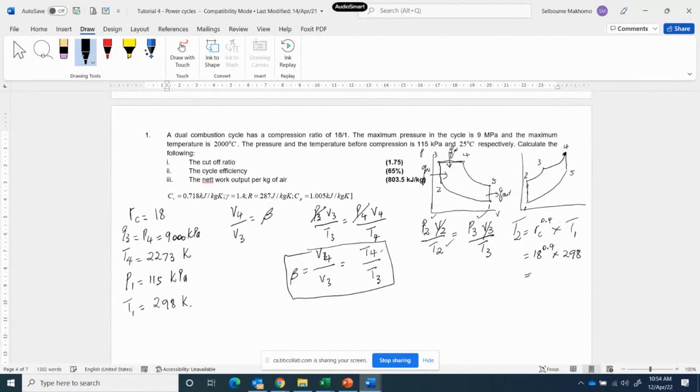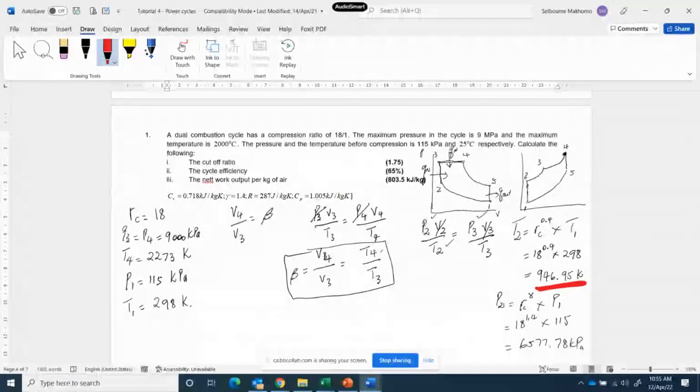And T2 becomes 946.95. For P2, we say that P2 is equal to RC gamma multiplied by P1, which is 18 exponent 1.4 multiplied by 115. And P2 is 6577.78 kPa.